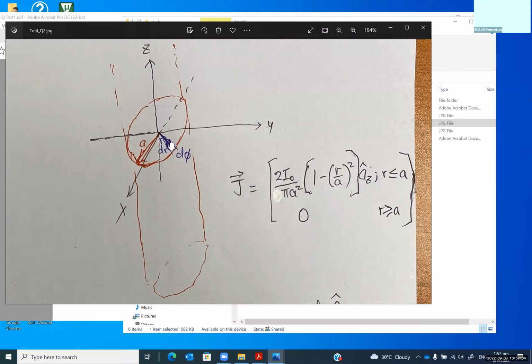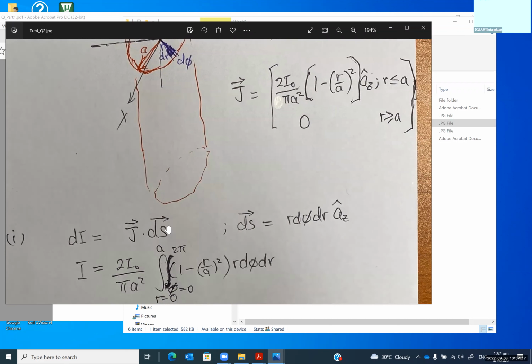How do you determine whether you want the area up or down? Your current is given by J dot ds, right? If your ds direction is the same as your J, then the current will be positive, in the same direction as J. If you choose it the other way around, then your current becomes a negative of where your J is.